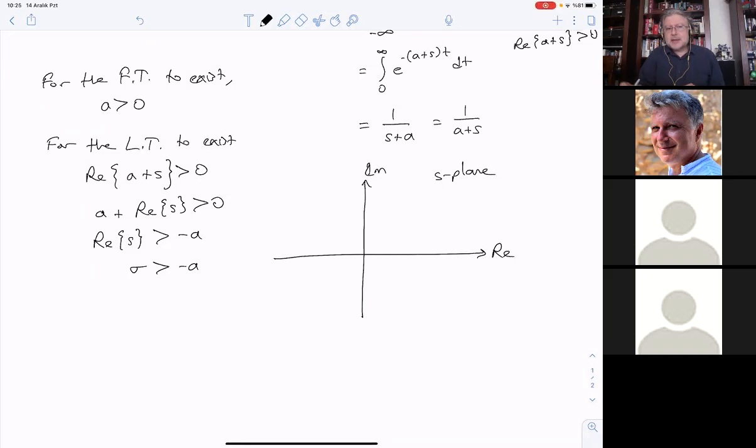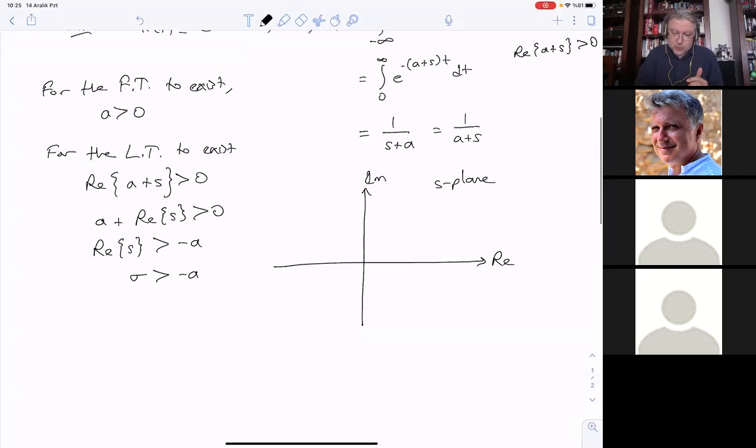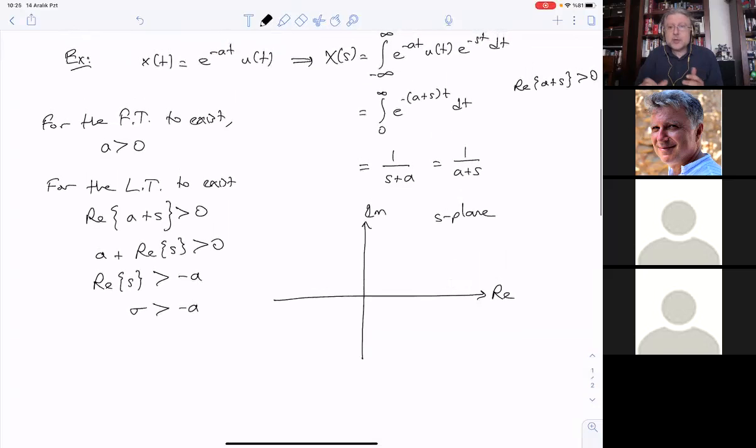Now, sigma greater than minus a, or real part of s greater than minus a, is something like this. Just give a value to a. a must be given to you, of course, in this question. For this question to be a valid, solid question, a has a value. Let's say that a is equal to 2.